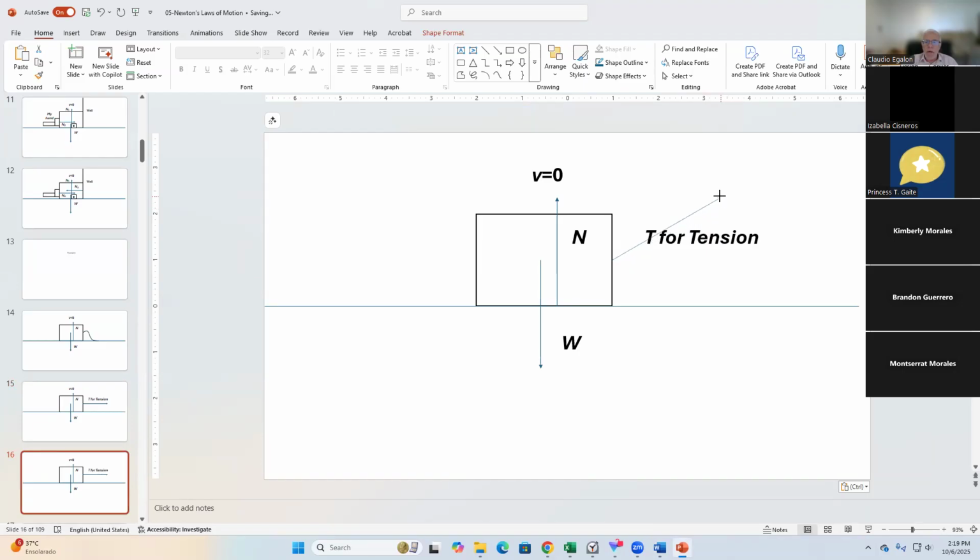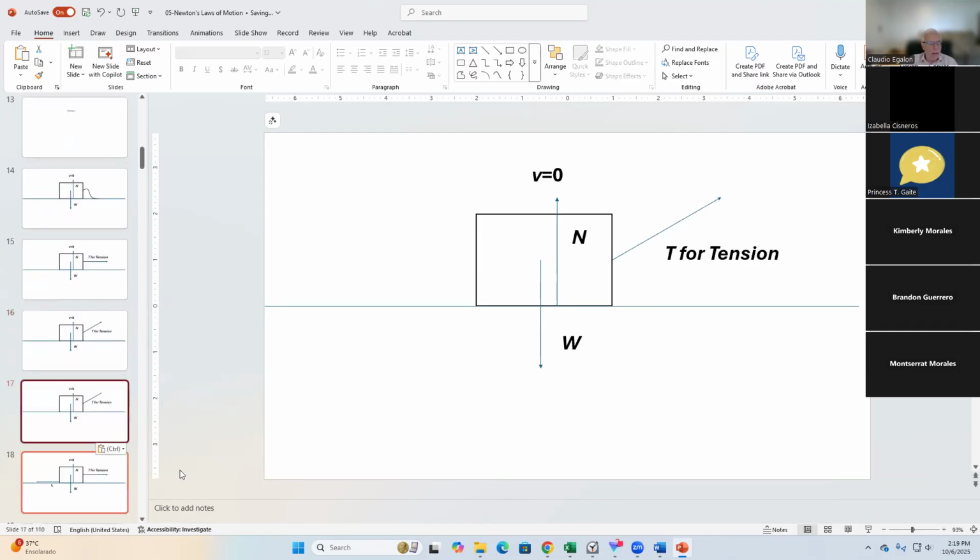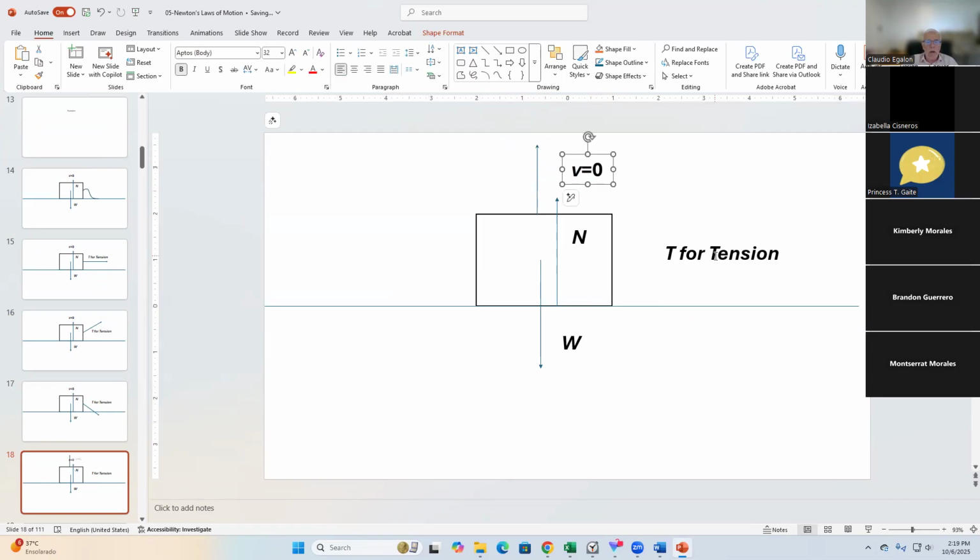I can put this tension at an angle. I can place this tension downwards as well. I can even use a string to try to suspend the object. T for tension.